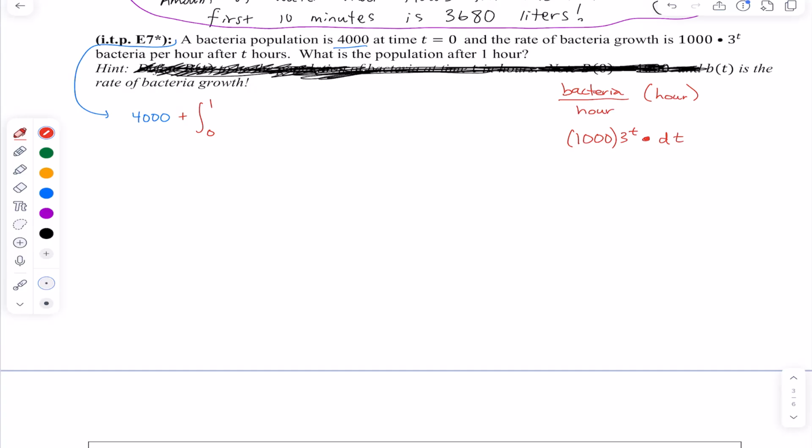So we're going to add 1,000 times 3 to the t times a small increment of time, which is dt. Use your knowledge of antiderivatives to simplify this. And we need to find the net change after 1 hour.